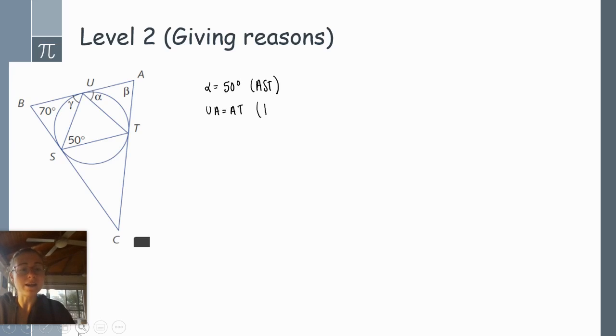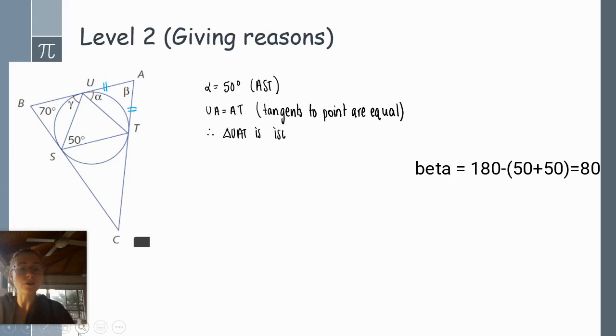This is going to be an isosceles triangle. Why? Because UA is a tangent, and that tangent length is the same length as AT. So remember, tangents to a point are equal in length. So that means angle AUT has to equal angle ATU. So both of those would have to be 50 degrees.